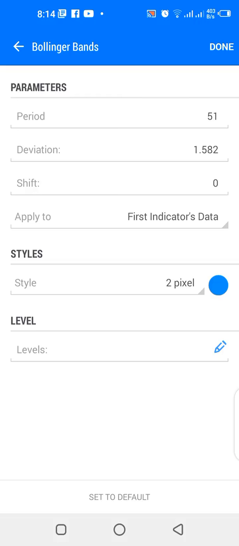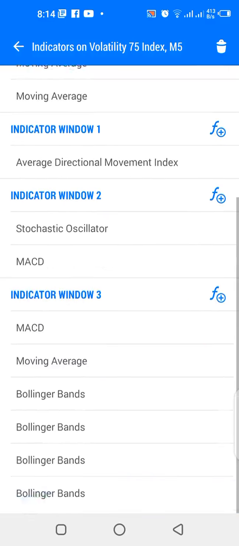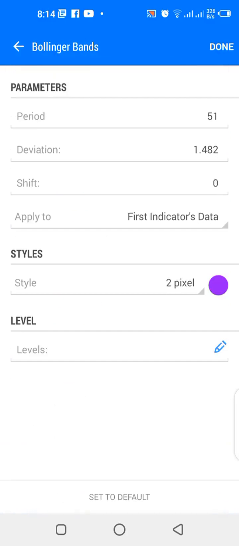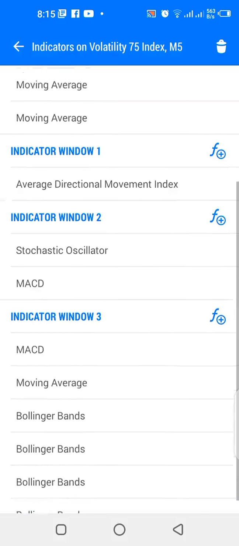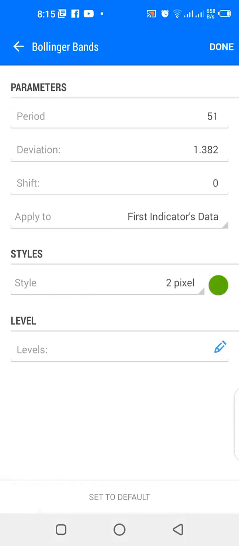Apply to first indicator's data, and the color is blue. Then the third Bollinger Band, the period is 51. The deviation is 1.482. Apply to first indicator's data, and the color is purple. And the last Bollinger Band is also 51. The deviation is 1.382. Apply to first indicator's data, and the color is green.